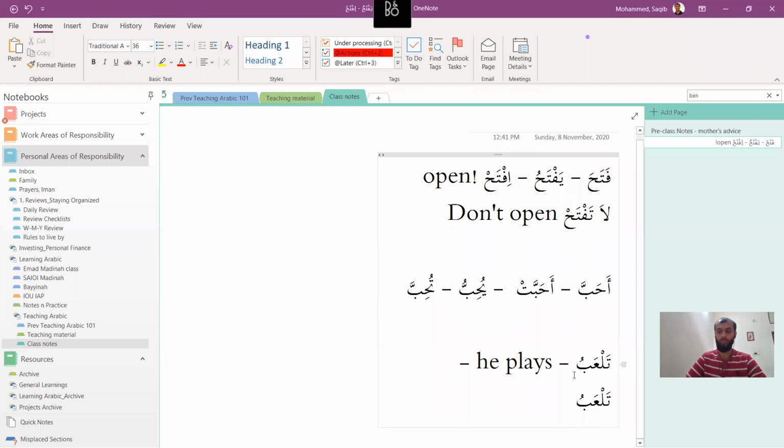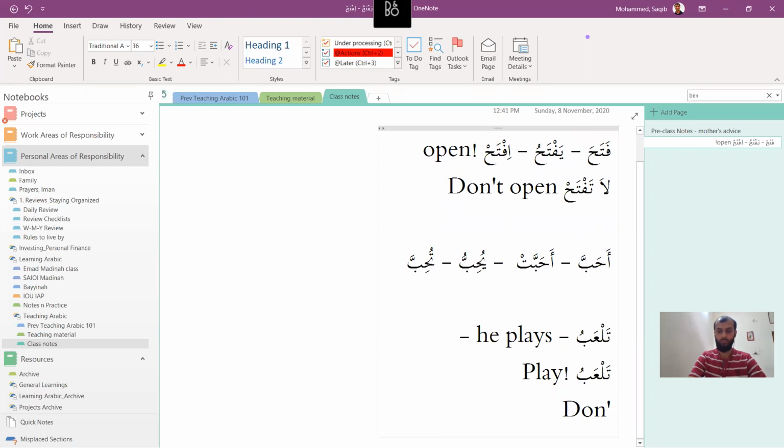Okay, so I can have two commands. I can either say play or I can say don't play. Those are the two commands I can give to a boy. Now these are boys. Okay, for feminine it's slightly different. We'll see that later. So tal'abu, when it comes to this affirmation, when it comes to play, I have to replace the dhamma with a sukun. Even in this case, I have to do the same.